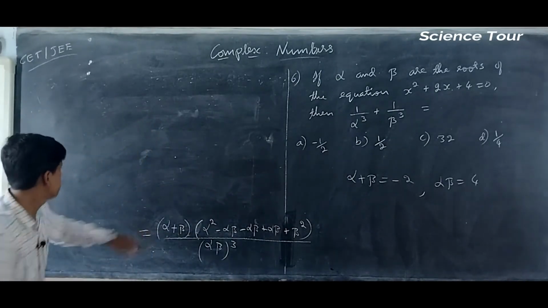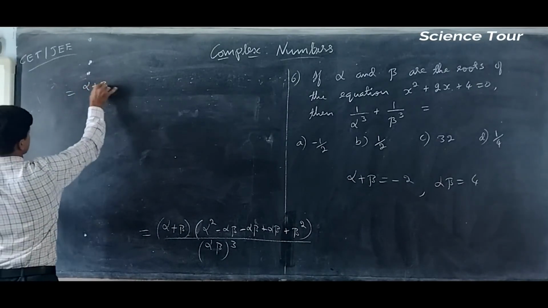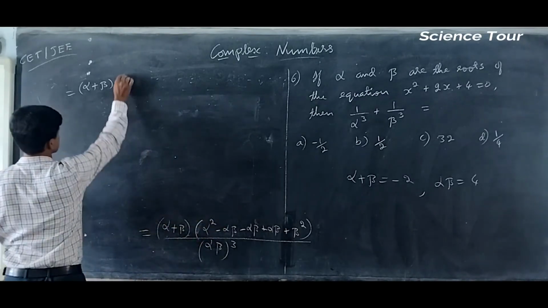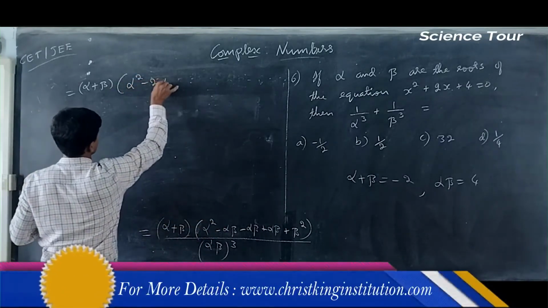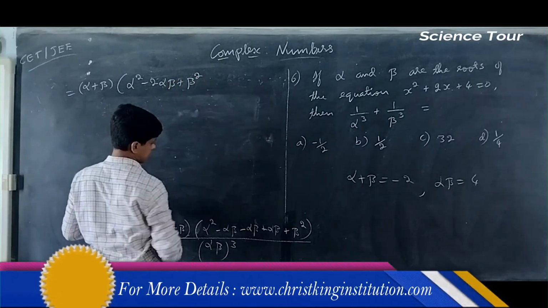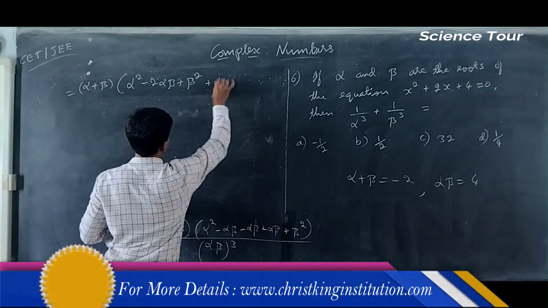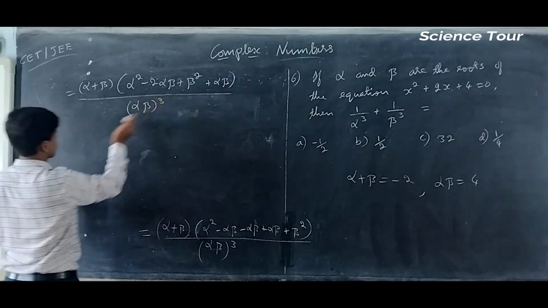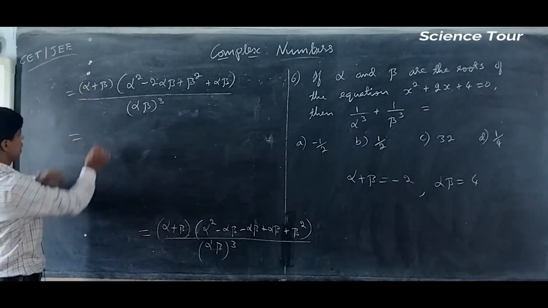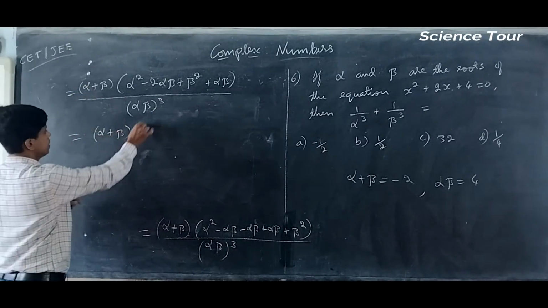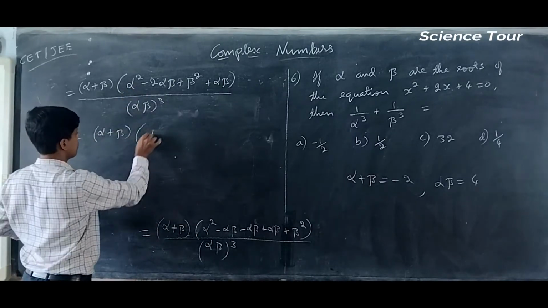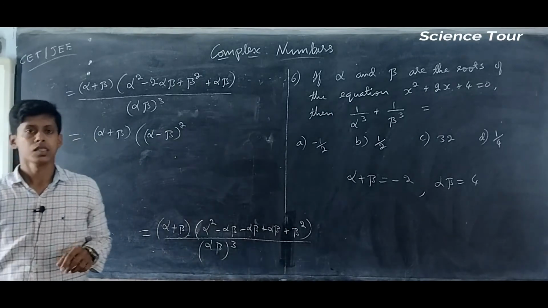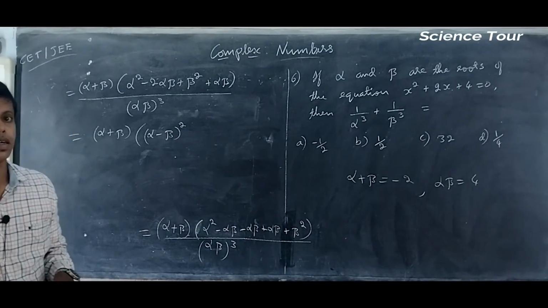Okay, so continue from here. That is alpha plus beta, and then alpha square minus 2 alpha beta plus beta square, and what remains is alpha beta separately. So that is alpha plus beta, and alpha minus beta the whole square, right? Does it work? No, it doesn't.